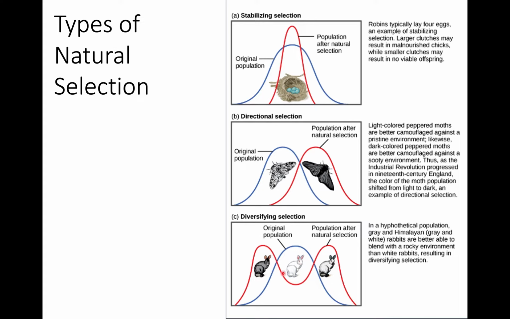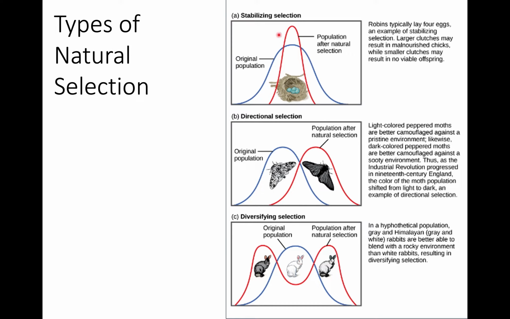For some reason the environment changes, and the most common, intermediate phenotype, the white covering, makes the rabbits vulnerable to being hunted. Then the only ones that could hide from predators would be the ones that are either dark or white with dark spots, and therefore you reinforce the two extreme ends of the phenotype.